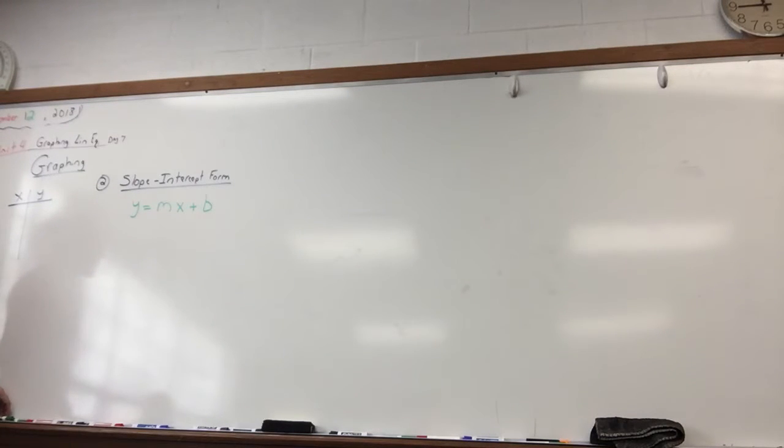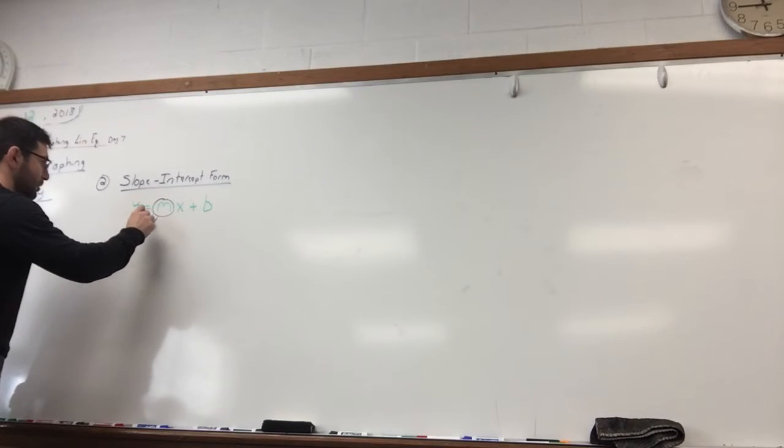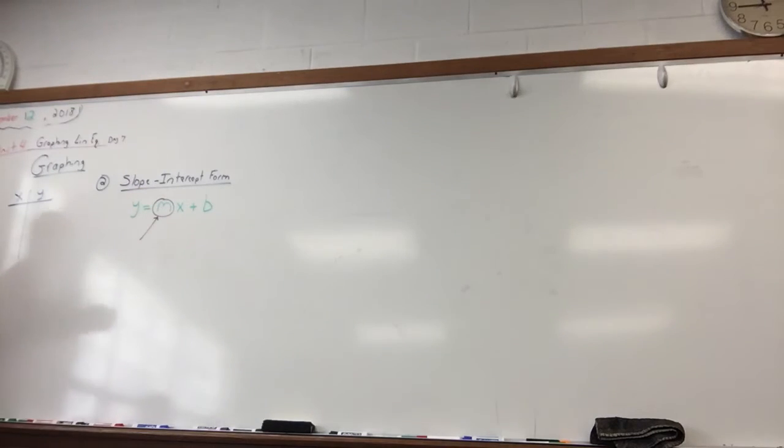So Armstrong, can you see that green or is that a little hard to see? No. Okay. Y equals mx plus b. We know the m stands for something. Everybody should know what the m stands for. What do we mean when we have the m in this equation?